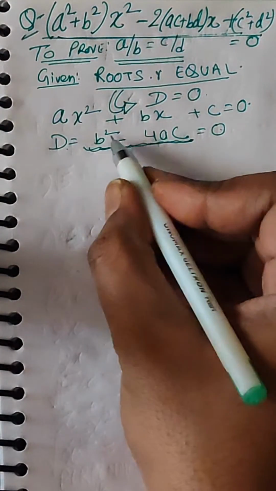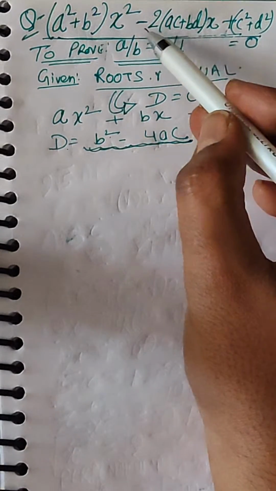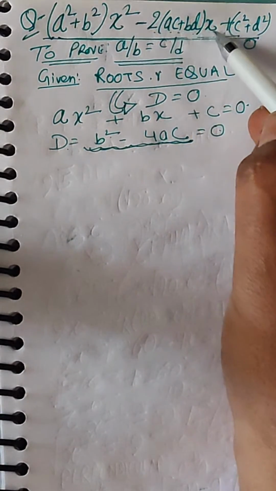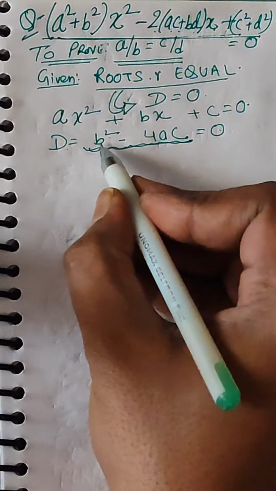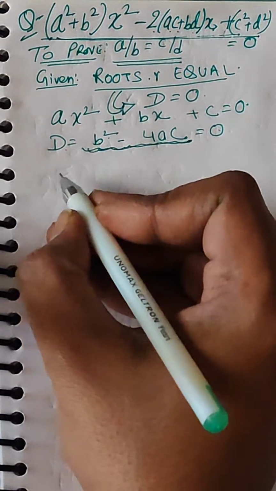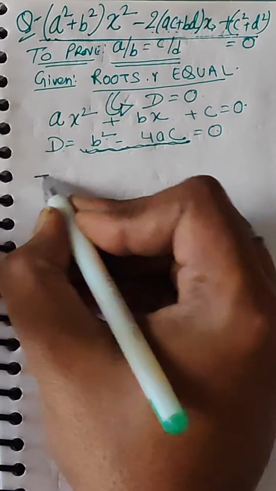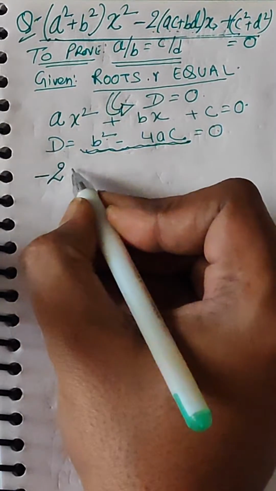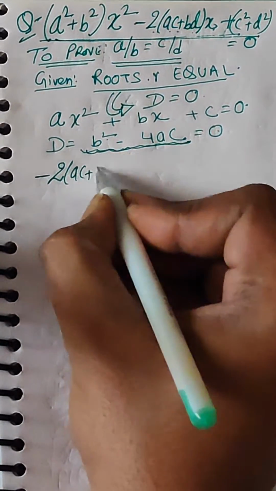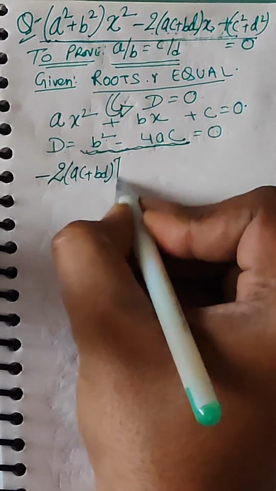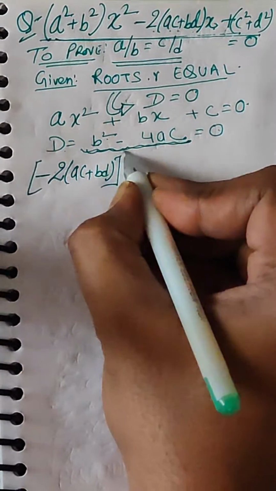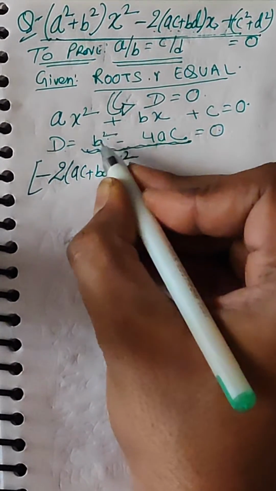Yeah. So here you can see b square. So b over here is minus 2 times (ac plus bd). So in place of b, just write minus 2 times (ac plus bd), and this will be the whole square, because you can see b square.